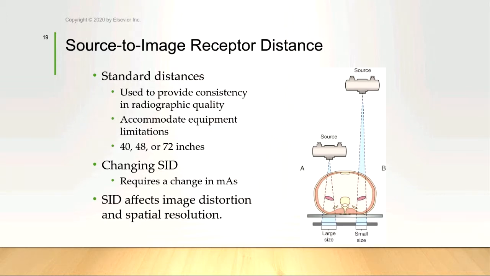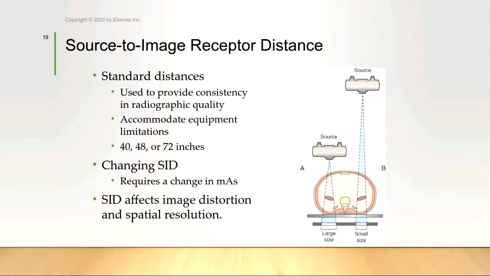So with that said, before we talk about how it affects image distortion, if you look on page 139, in the left-hand column, in the first paragraph, almost to the end, it tells us that if you can't use a 72-inch SID, but you could go to 56-inch SID, then you could use half the mAs value of what you would use at 72, and it would be appropriate.